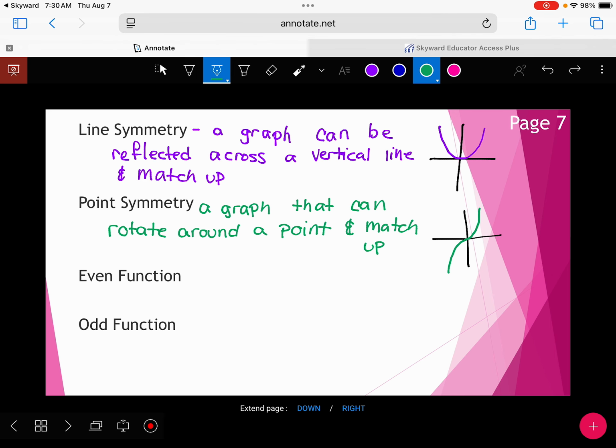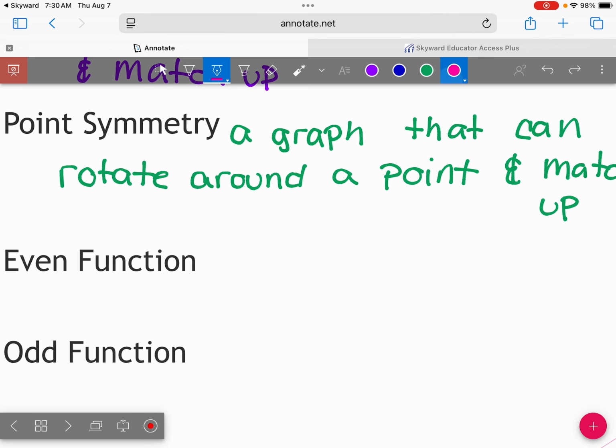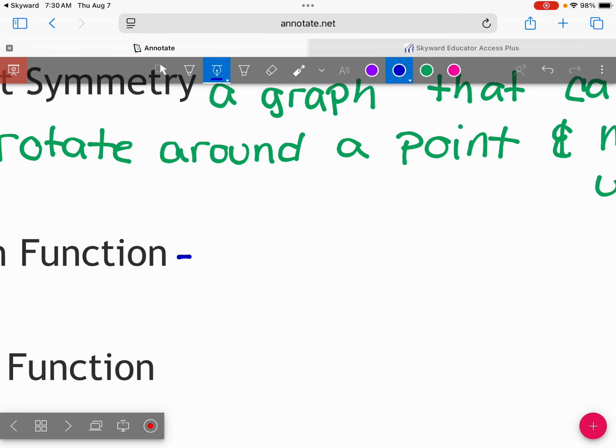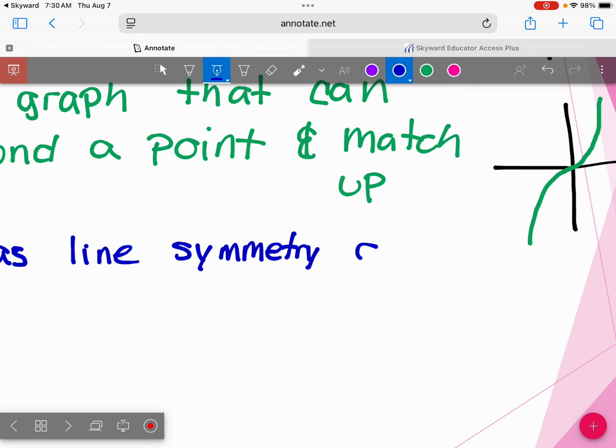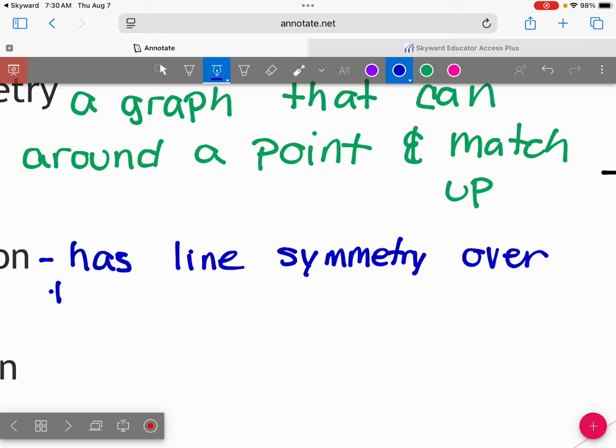So an even function has line symmetry, but it's specifically over the y-axis.